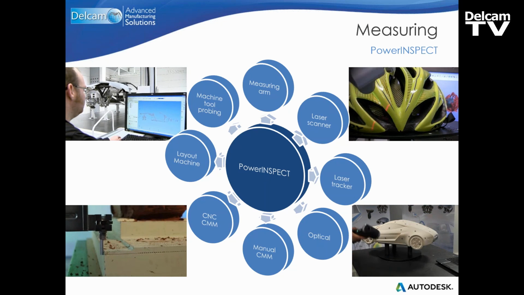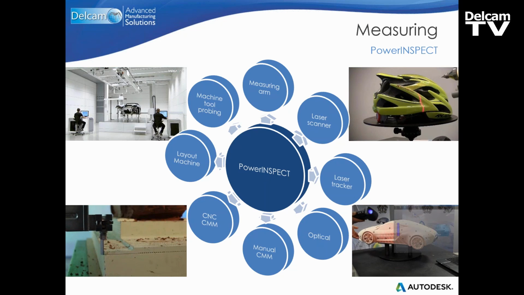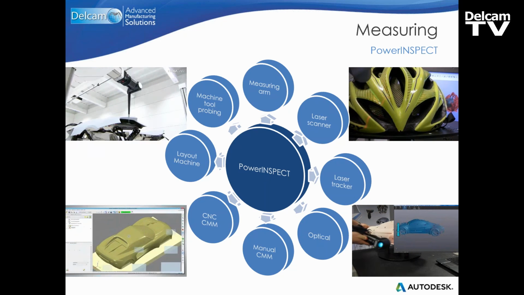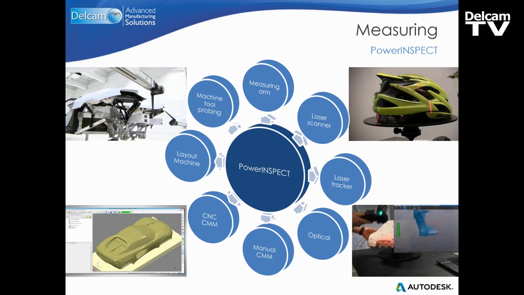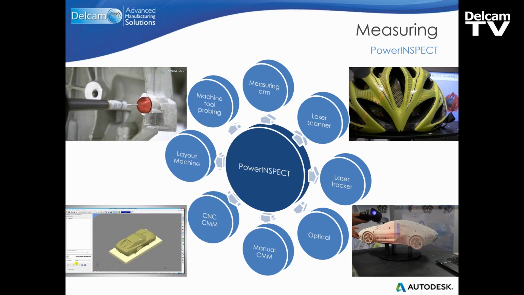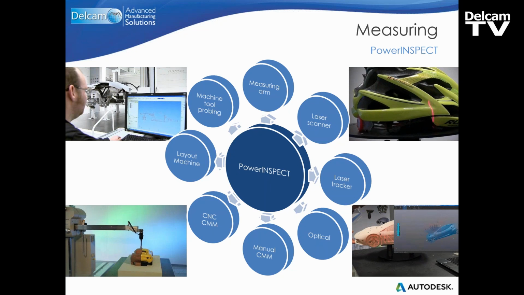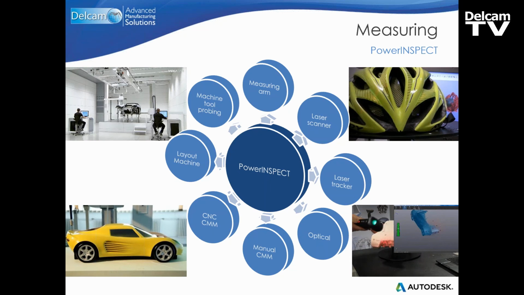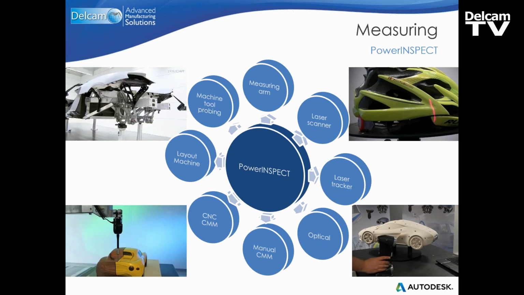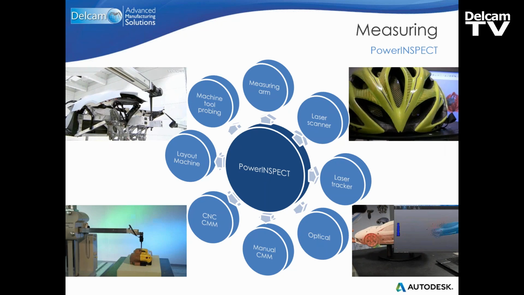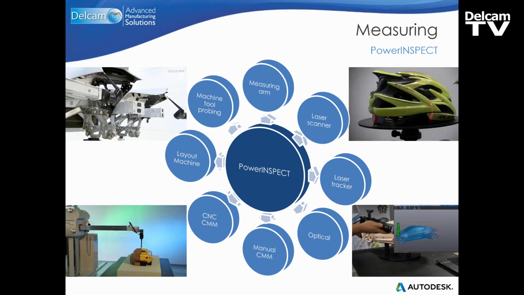One of the real things that we like to talk about is that PowerInspect is flexible and it offers you the interoperability that you can confirm results by using different hardware. In the top left hand side you can see PowerInspect being used on a horizontal arm CMM, and that's very common for us in the automotive industry.